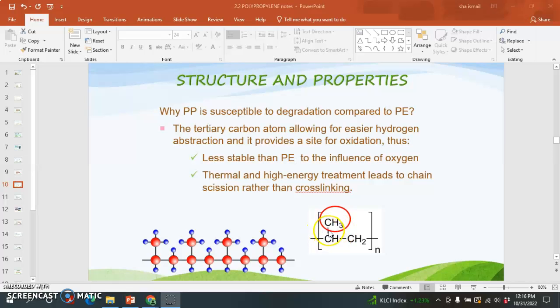The chain that the methyl side group is attached to, the main chain. So when the chain is attacked by the oxygen or the UV light, this polymer will turn into a radical site. Okay, dia akan break this here.